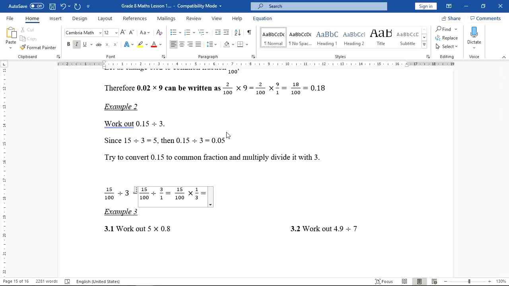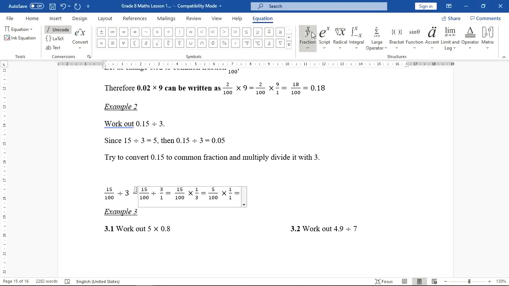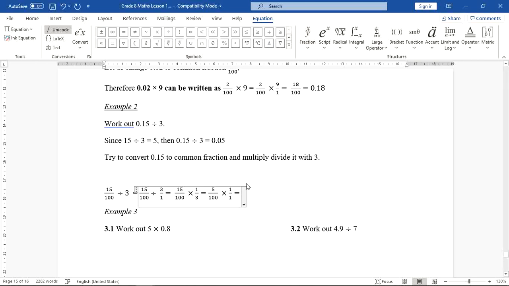So 3 goes into itself once, and 3 goes into 15 5 times, and then 5 times 1 will just give us 5, and 100 times 1 will also give us 100, so the answer should be 0.05, just like the way we got it here.